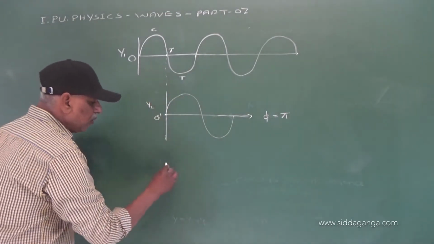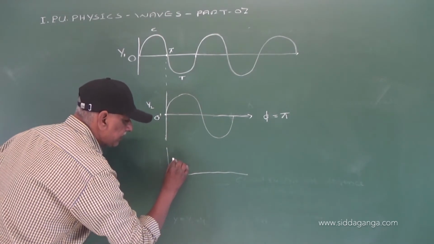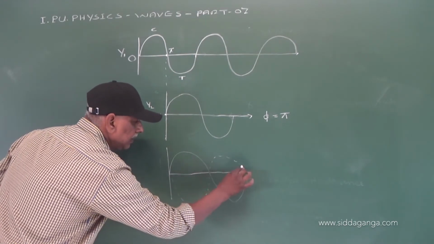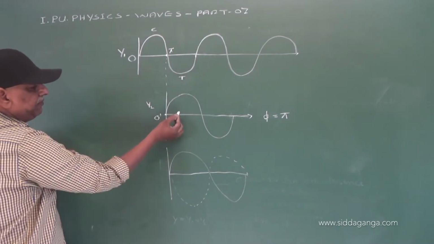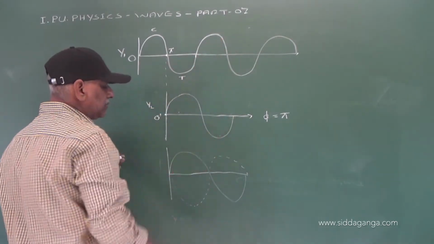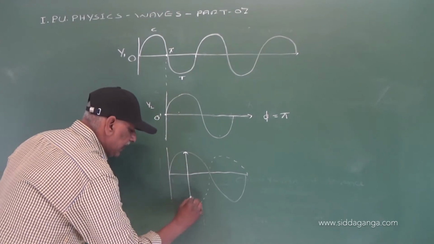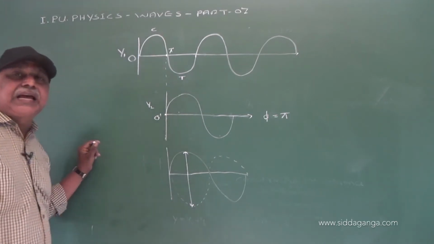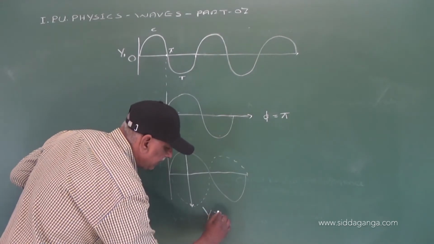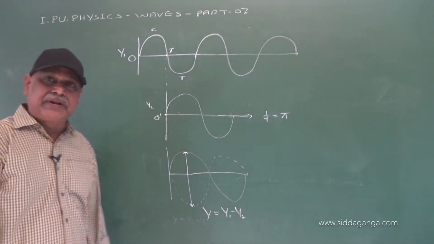When these two waves overlap on each other, it takes place like that. So trough of one wave falls over the crest of the other wave, and crest of one wave falls over the trough of the other wave. In this case, we see the displacements of the two particles are exactly in opposite direction. So the resultant displacement y is equal to y1 minus y2 or y2 minus y1.